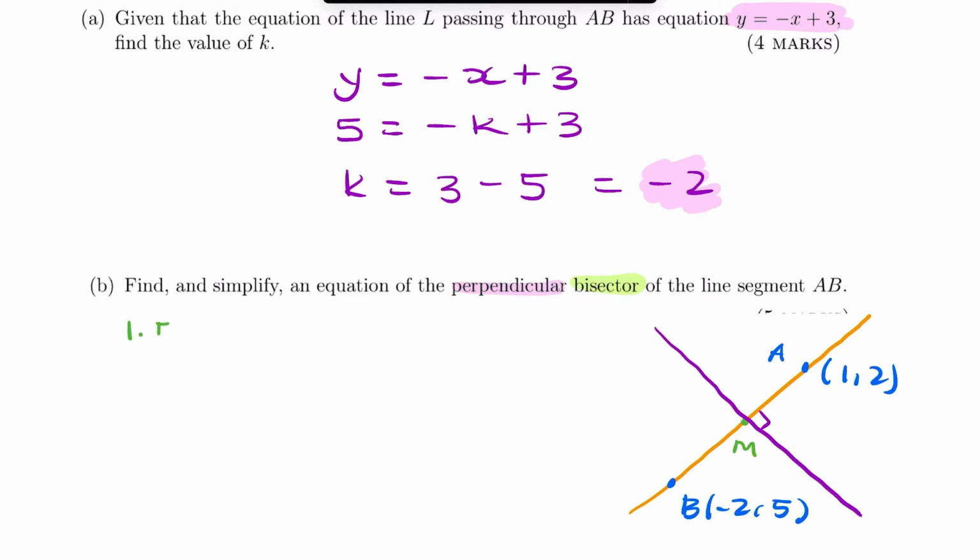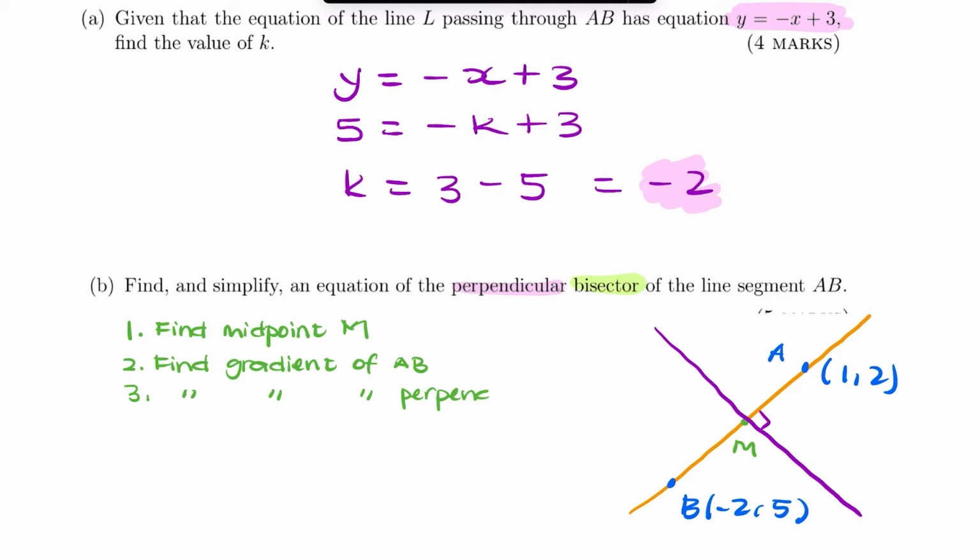Step 1, find midpoint, capital M. Number 2, find the gradient of AB. Step 3, find the gradient of bisector, or let's call it perpendicular. Step number 4, write the equation of the line.